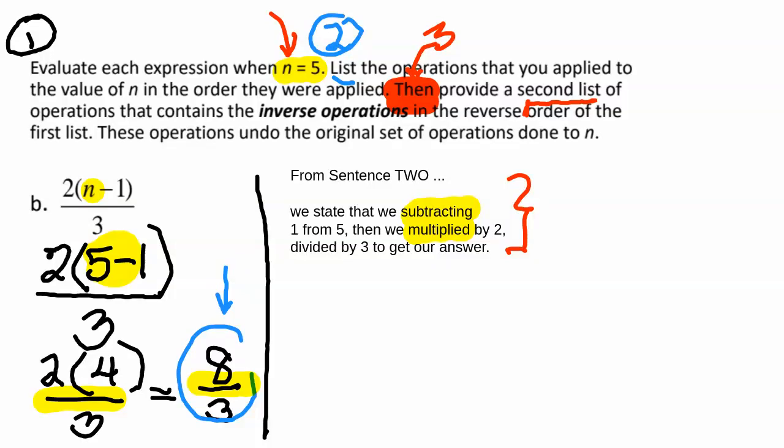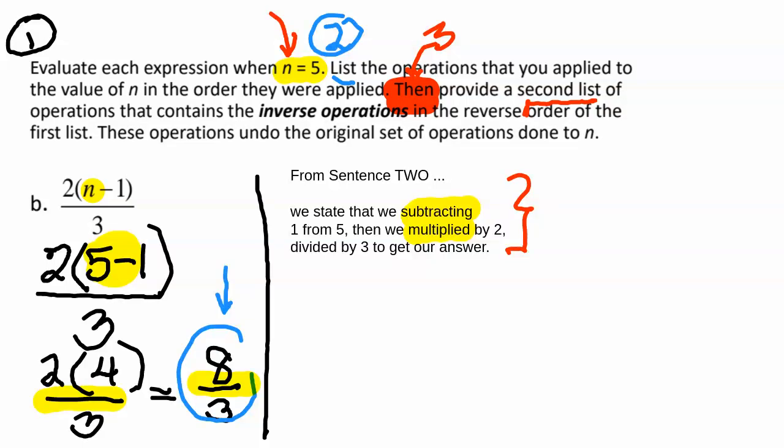Well, okay. For the third sentence, now we're starting from the back. We said that we divided by 3, which is the last thing. So we're going to multiply by 3.